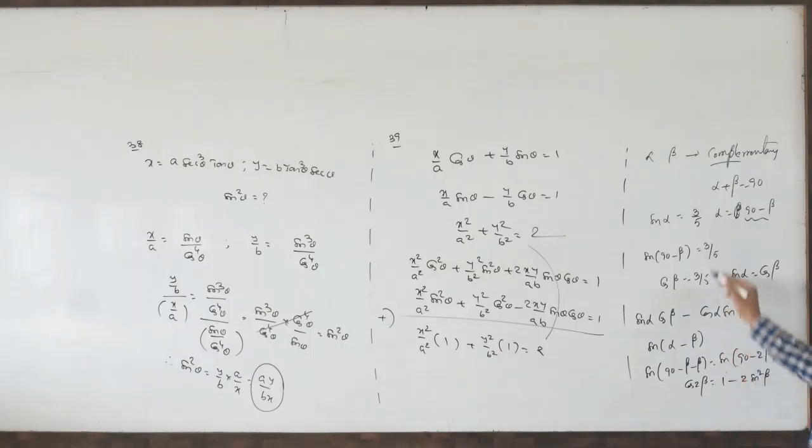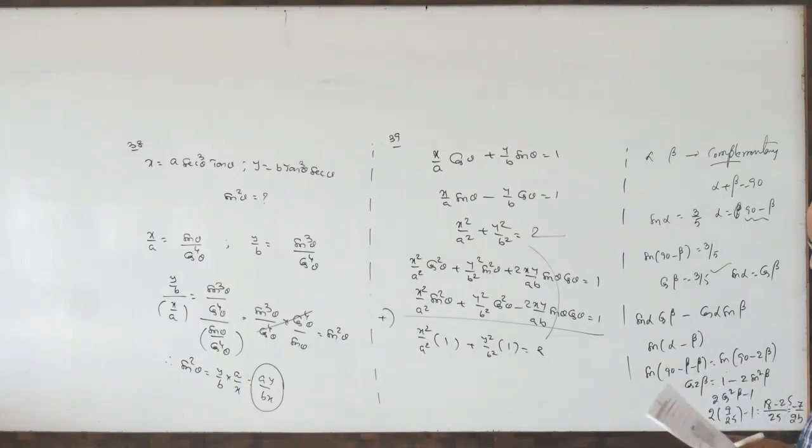Cos also you can write here, or 2 cos square beta minus 1, because you know the cos beta value. 2 into 9 by 25 minus 1. 18 minus 25 by 25, which is equal to minus 7 by 25. Correct. Second option. Minus 7 by 25.